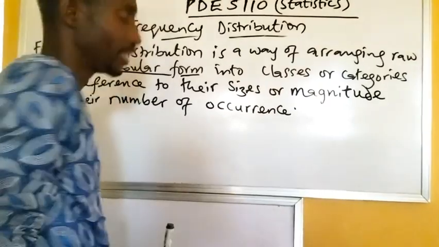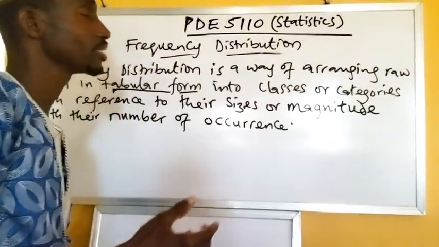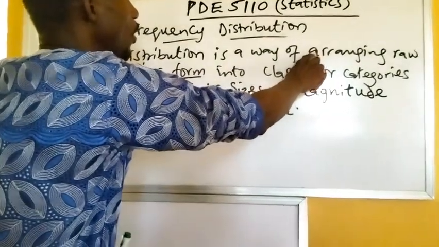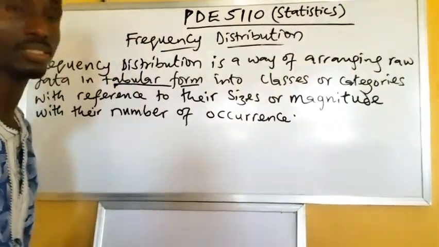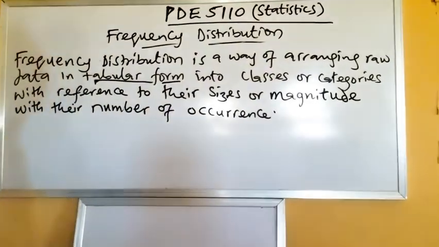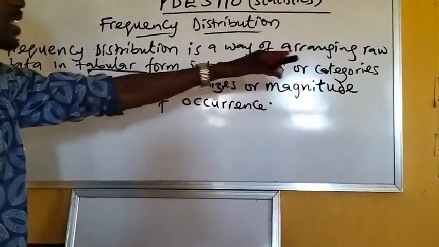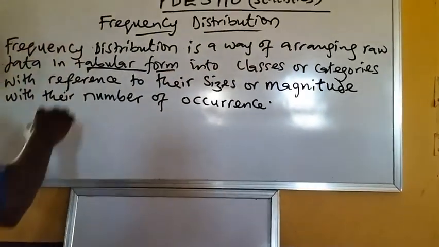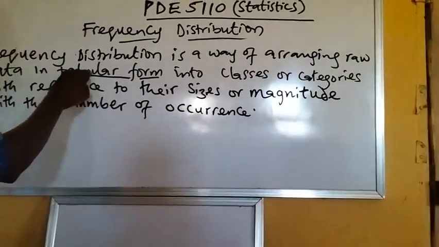And what is arrange? Arrange means to put things in order. That is, we must make sure we put the data in order, and that order means we are going to place it in a tabular form.